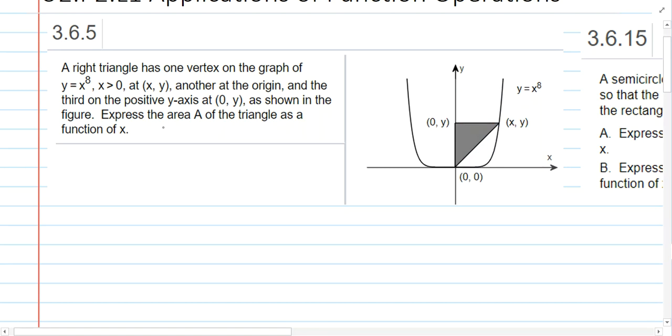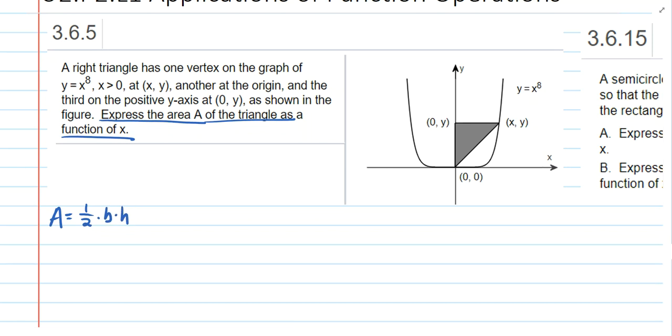And so what we would like to do is express the area of the triangle as a function of x. Normally, when we talk about area of a triangle, we think of this formula, 1/2 times base times height. And while that would be fine for a geometry class, that's not really clear in terms of this particular example.